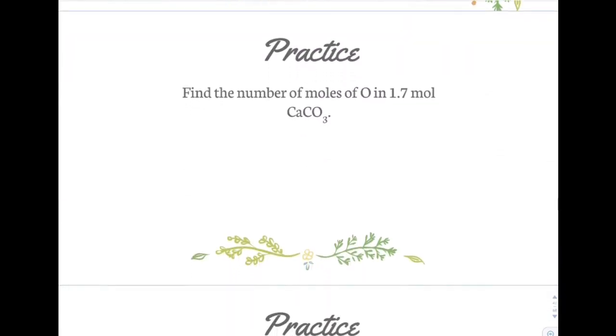So go ahead and pause and see if you can figure out the number of moles of oxygen in 1.7 moles of calcium carbonate. Okay, so for 1.7 moles of calcium carbonate, how many oxygens do I have in calcium carbonate? 3.